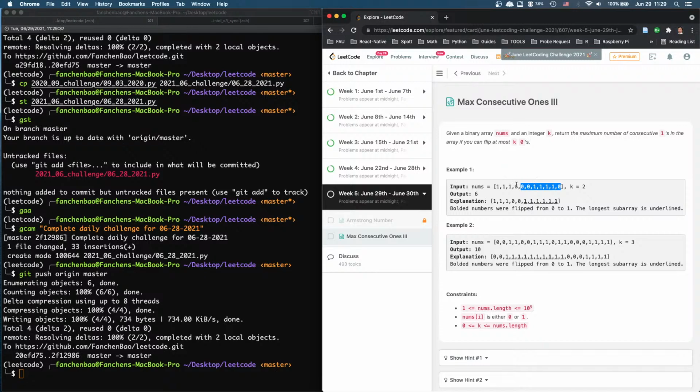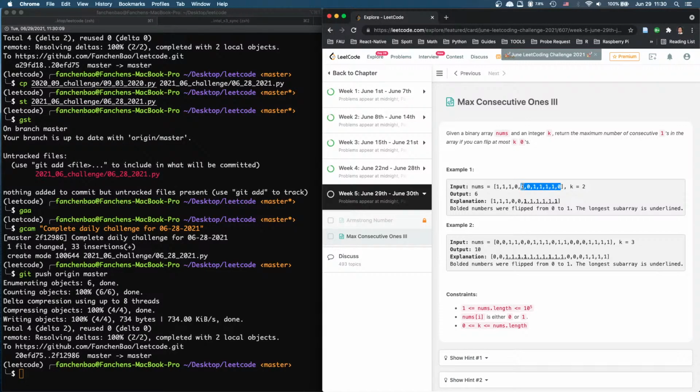If I don't flip, then we need to know the maximum overall, because that's a 0. If I flip, then we need to know the maximum overall and the maximum extending from here. Okay.